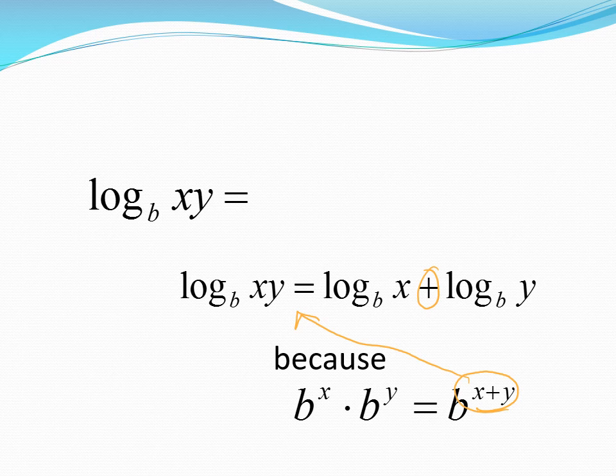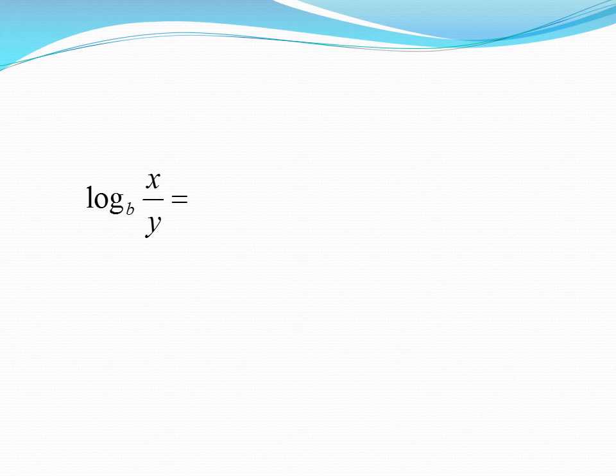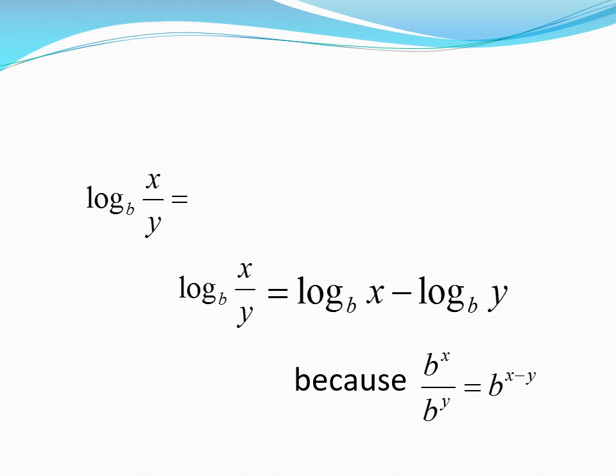This works for quotients and differences too. Log base b of x over y, you can separate the quotient inside the log to a difference outside the log, because that rule works for powers. Because if you have, for example, like b to the 5th over b squared, and you have 5 b's over 2 b's, you get the idea.